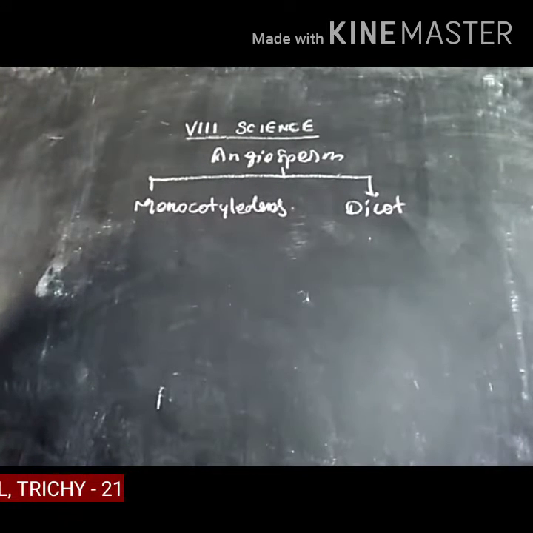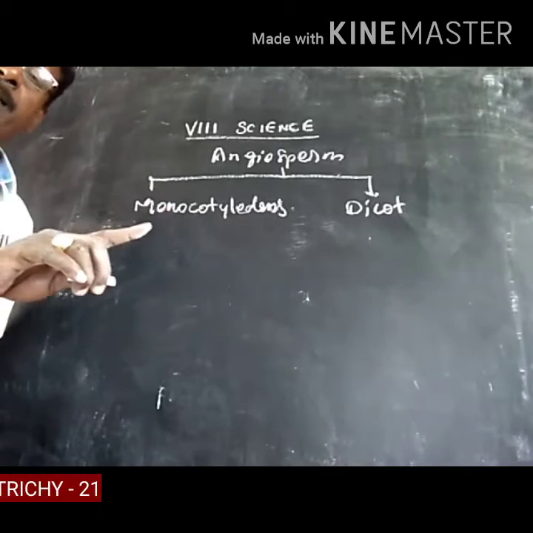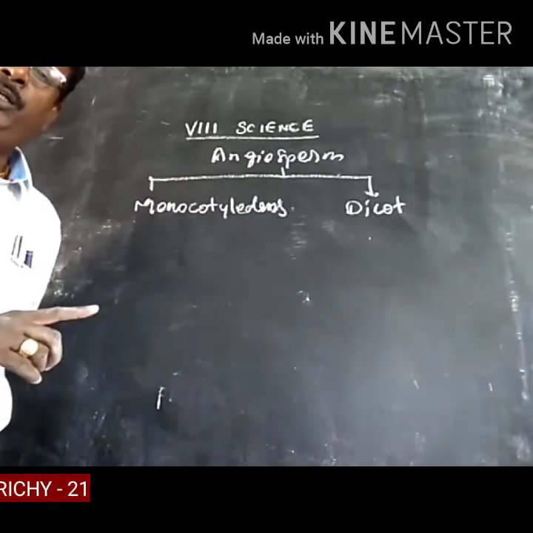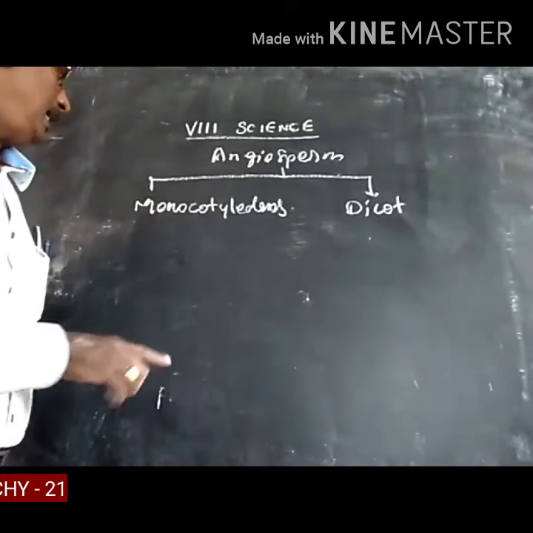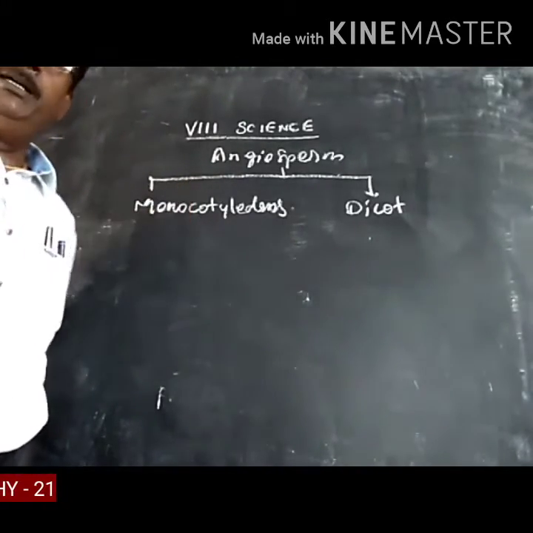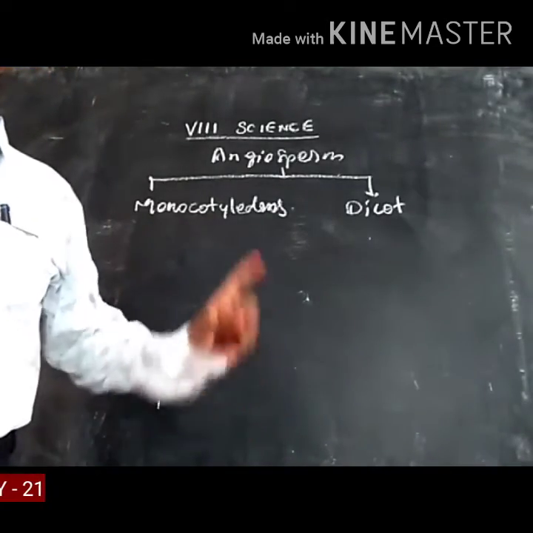Based upon the structure of the seed, the angiosperms are classified into two types. One is called monocotyledon and another is called dicotyledon.